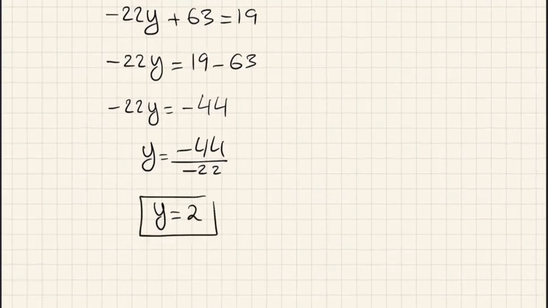Now I got the value of y. I need the value of x. Even without scrolling up, I know what I have to do. I will substitute y equals 2 in 3, automatic, without thinking.